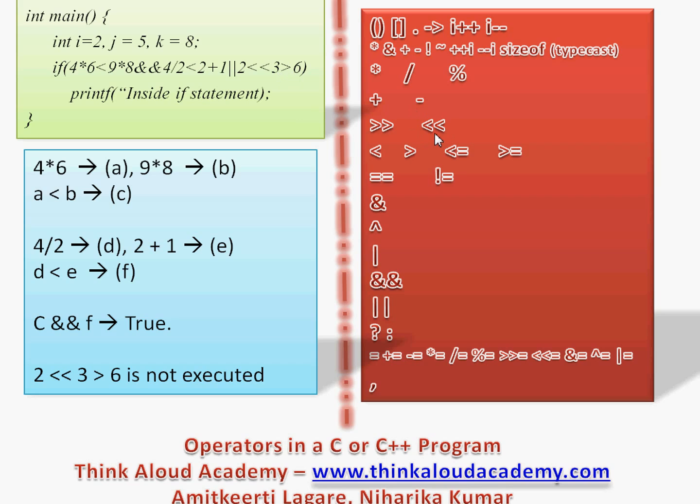The left shift operator has higher priority than the comparison operator. So 2 would get left shifted 3 times. So the output would actually be 16. 16 is greater than 6 would be true. So if this was false, this would have been true. So OR of this would have been true, and we would have printed this statement.